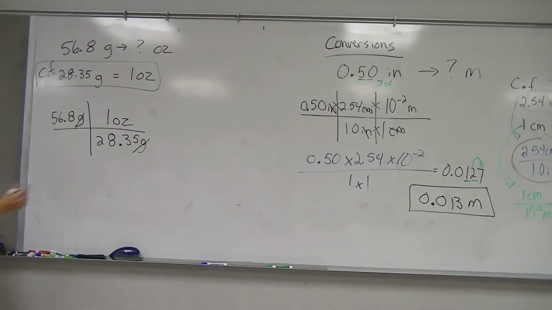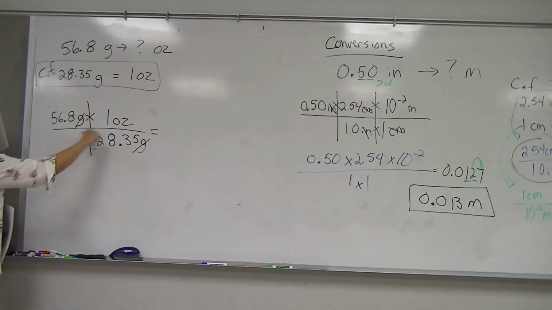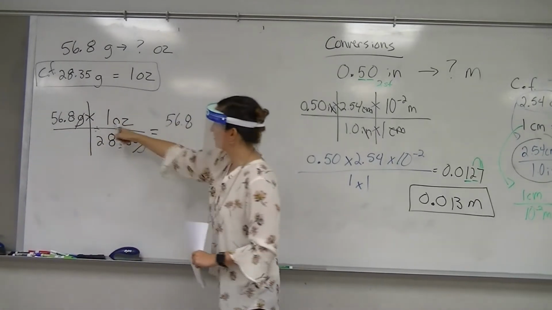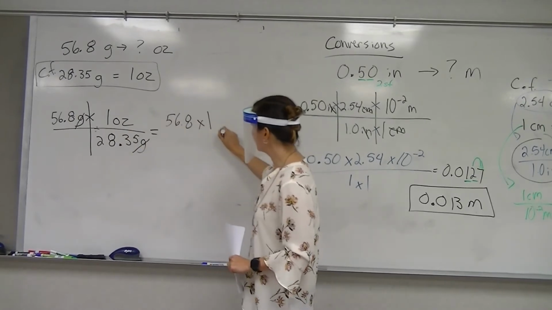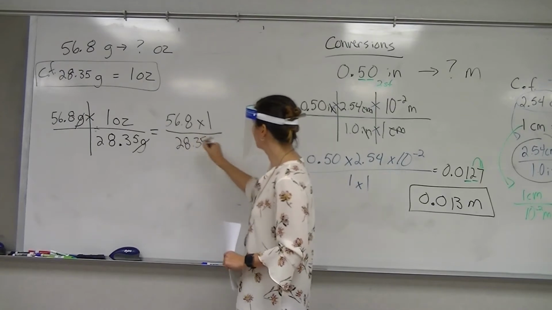So one step, now we need to solve. Okay, so how do we solve? Well, remember the vertical line was multiplication, and this horizontal line is a division line. So we're taking 56.8, multiplying it by 1 in this case, and then dividing by 28.35.